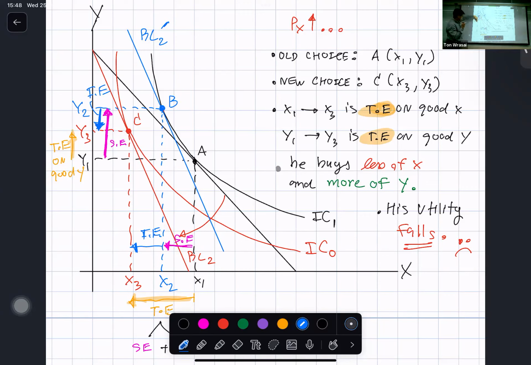So the income effect induces him to reduce his purchase of good Y. The picture reveals the net impact: SE is stronger than IE on good Y, which is why in the total effect he buys more of good Y. So with this technique, we can separate income and substitution effects on good X and on good Y.